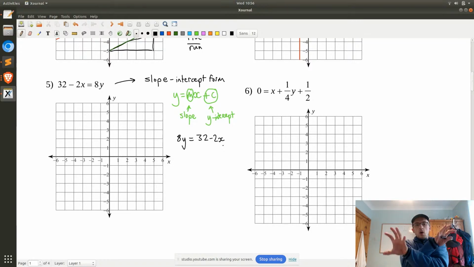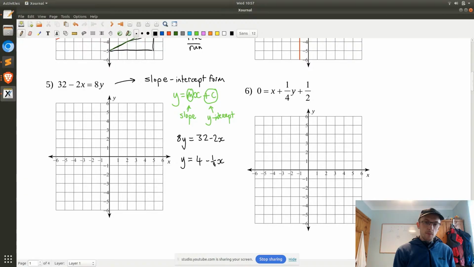Then I'm going to divide both sides by 8. Left side divided by 8, done. 32 divided by 8, you get 4. Negative 2 divided by 8, you get negative a quarter. And there it is in slope-intercept form.